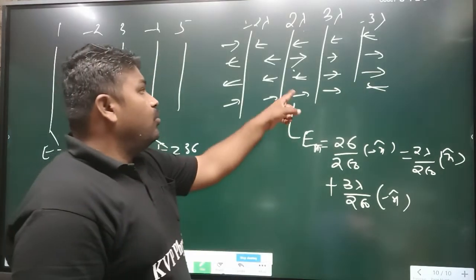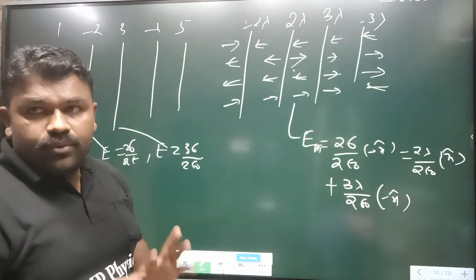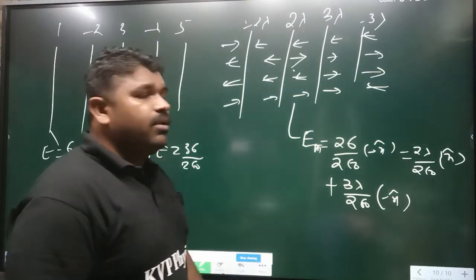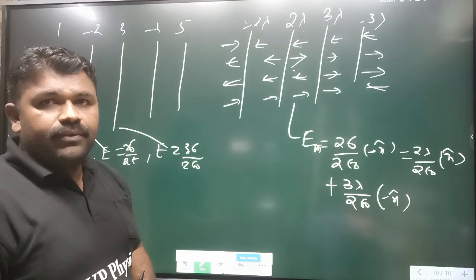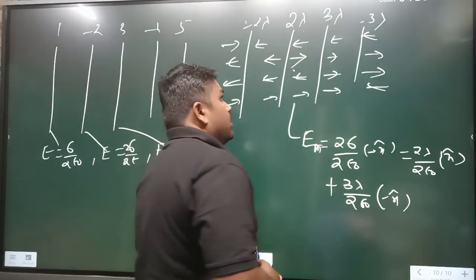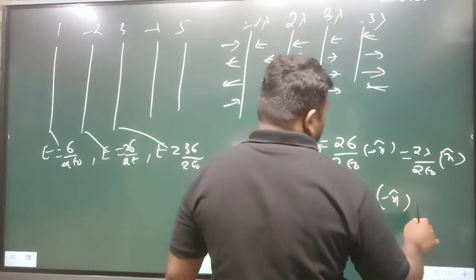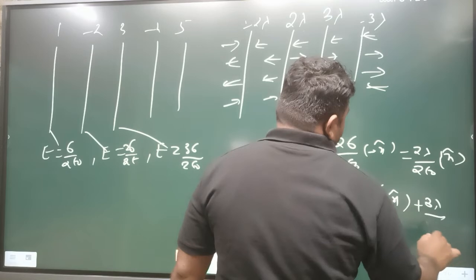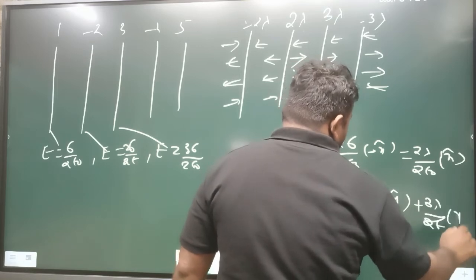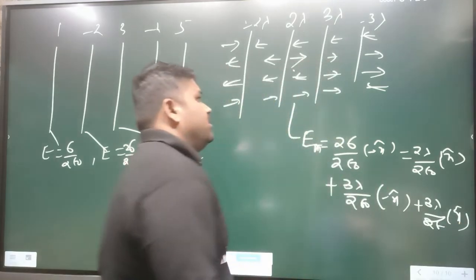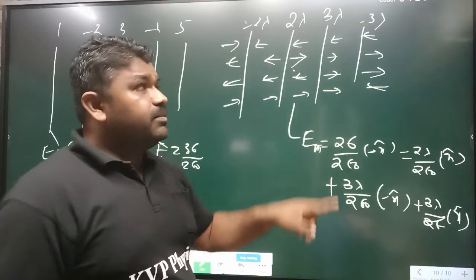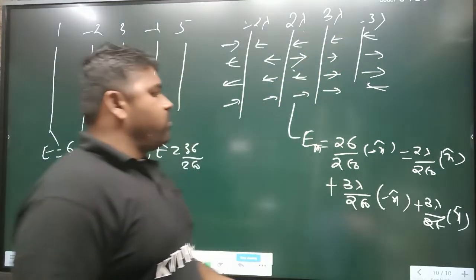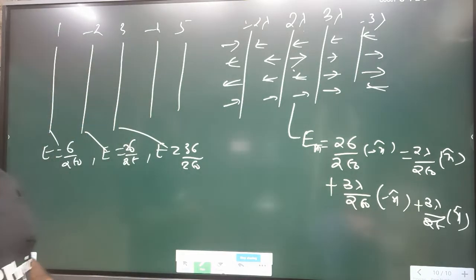Got it? Fourth arrow in positive direction. Fourth arrow arises because of minus 3 lambda. Means 3 lambda upon 2 epsilon naught. The direction is plus x cap. Got it? Direction arrow positive direction. Here is a minus. Tell the directions once. Which one?